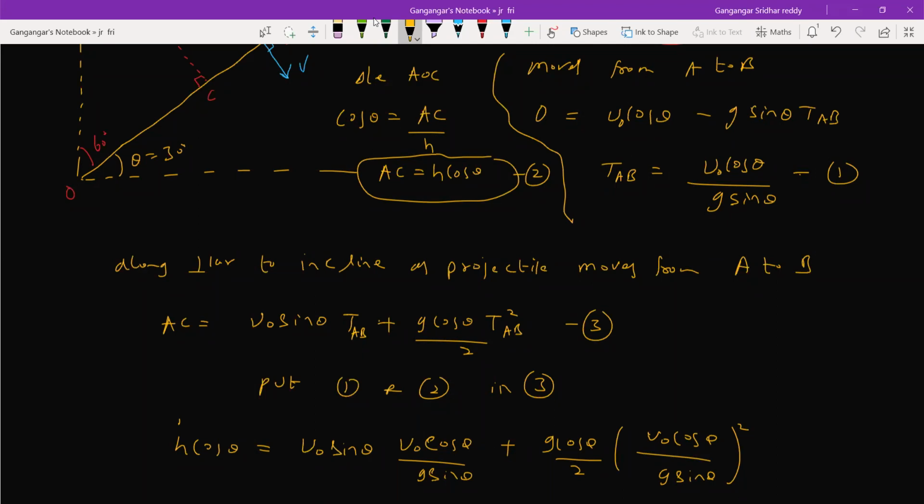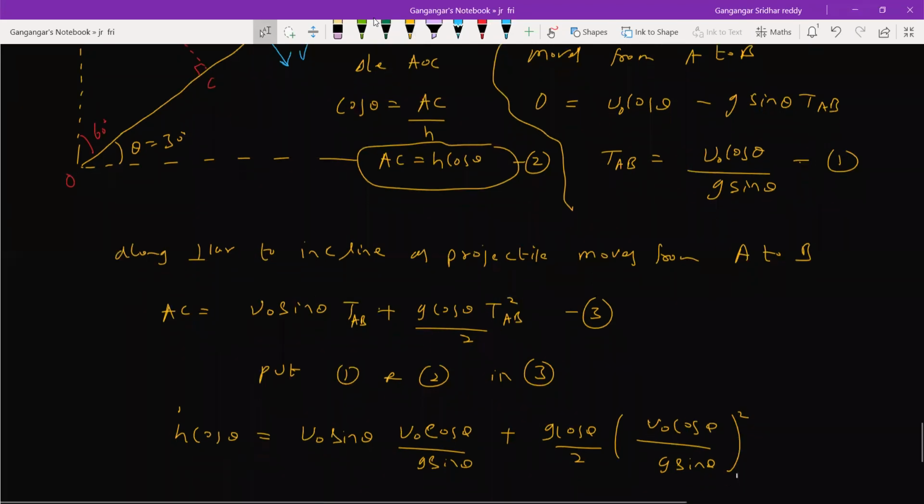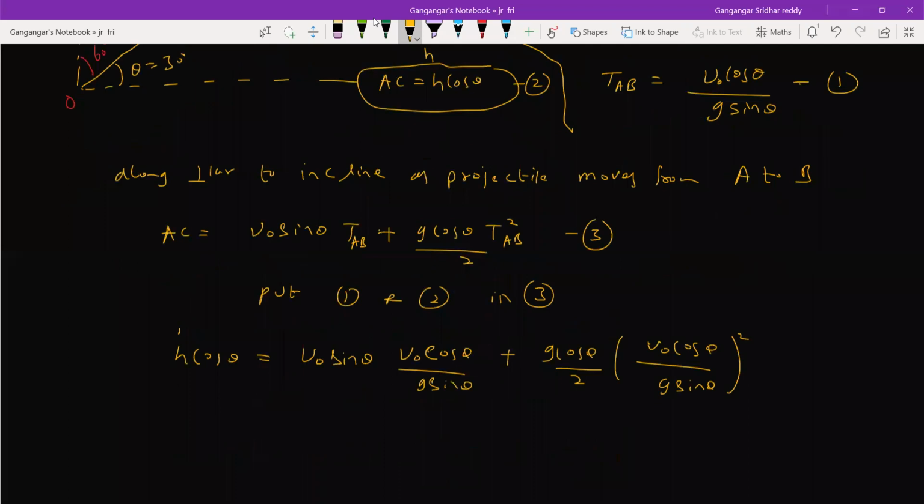Later on, you can substitute the value of theta. Let me bring the answer in terms of theta. Anybody got the value of u naught?